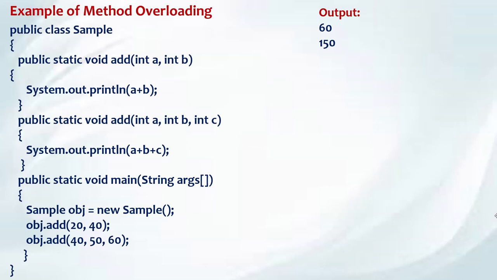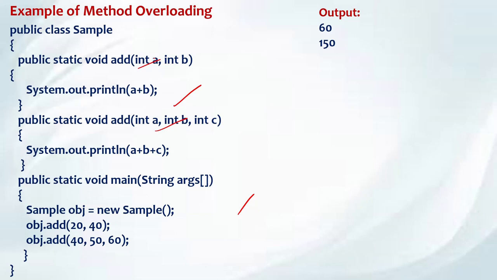If we pass two parameters, Java automatically executes the first one. So parameters with three means this function will be executed, and parameters with two, this one will be executed.